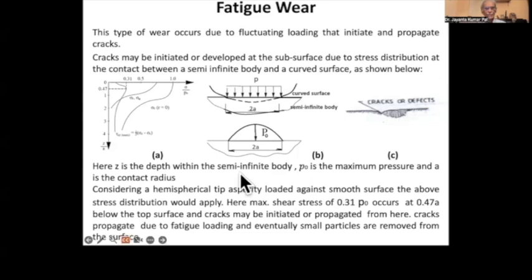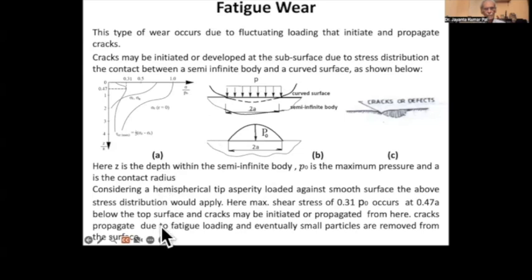So briefly, fatigue wear is due to the fluctuating stress loading and the stress distribution at the contact. At the point of maximum shear stress, the cracks are formed and propagate, and that may lead to a small chunk of material coming out.